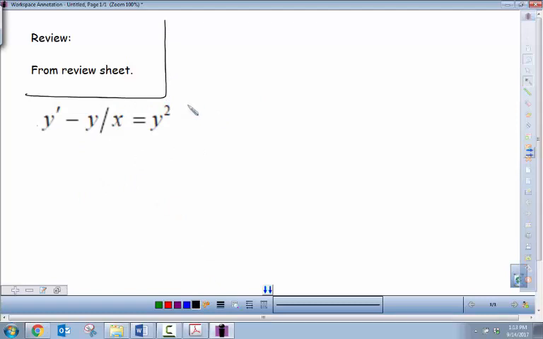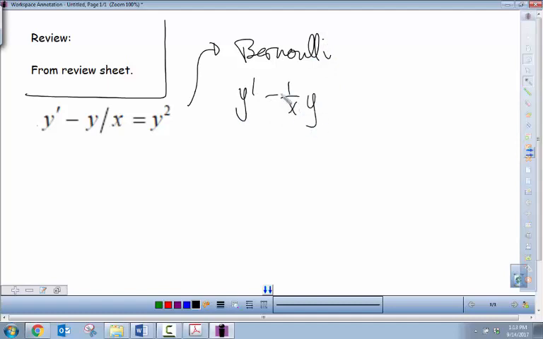If we can identify this as a Bernoulli equation, y prime is equal to, and just for the sake of making it look like the pattern, maybe rewrite some of these things if you need to.